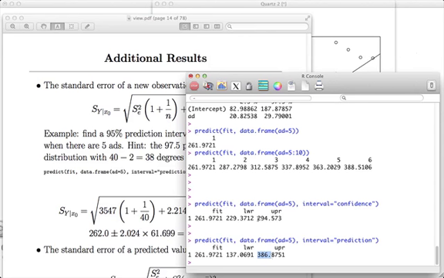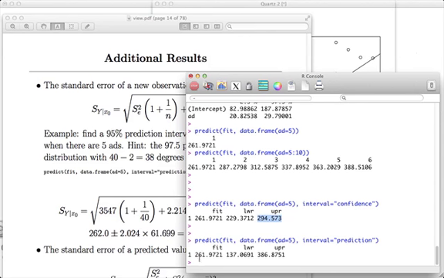You'll note that these numbers are much larger than the confidence interval for the mean, because that is just telling you how much the mean is going to bounce around. This is going to say how much the entire distribution is going to bounce around. So between 137 and 386. And again, this is roughly 2 standard errors out from the mean. The standard error was about 60-ish. You go 2 standard errors, let's say 120.